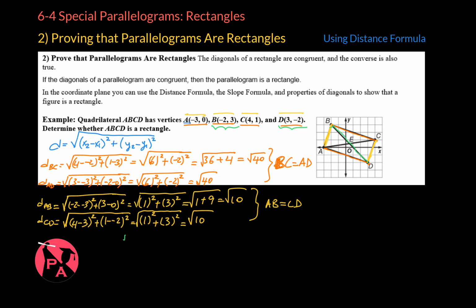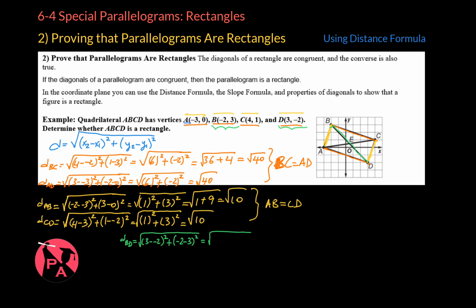So distance from point B to D is the same as, now we're going to do the same thing by subtracting x values, 3 minus negative 2 squared plus negative 2 minus 3 squared.